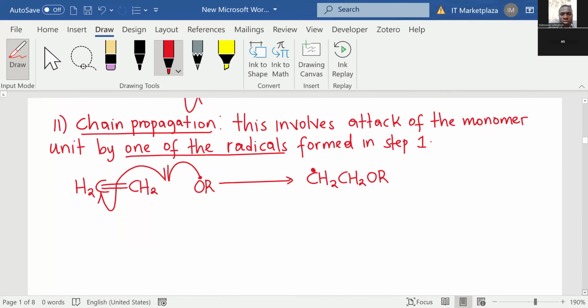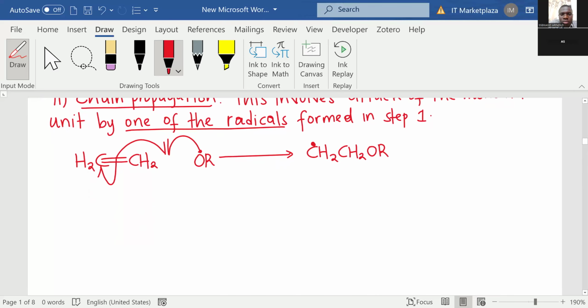Then the second sub-step under propagation is that the process of the monomer being attacked by radicals continues.